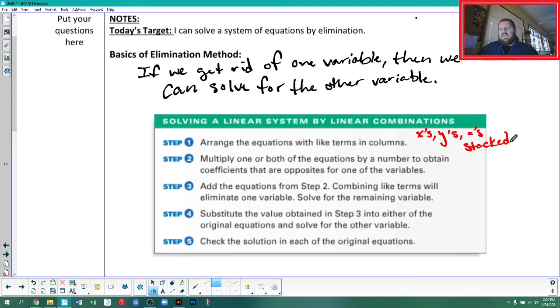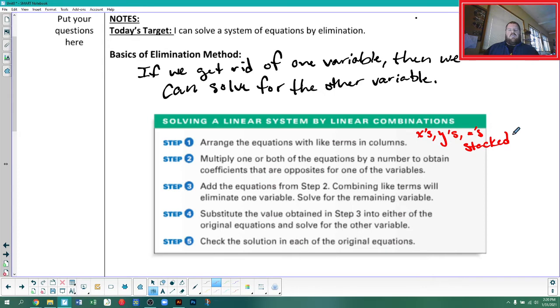Most of the time when you're using elimination, you're going to be thinking of equations that are in standard form rather than slope-intercept form. It can still work, but they both need to be in the same form in order for it to work.